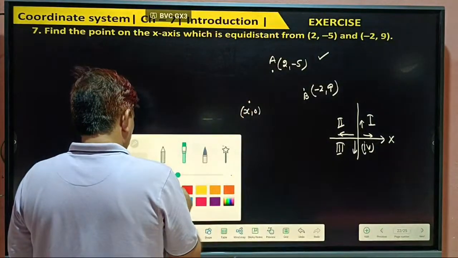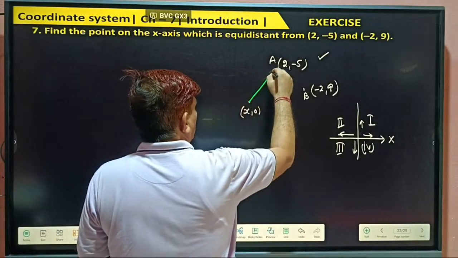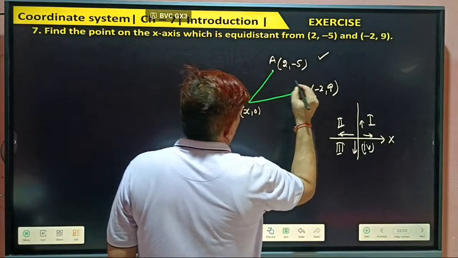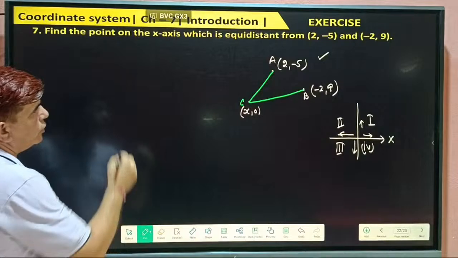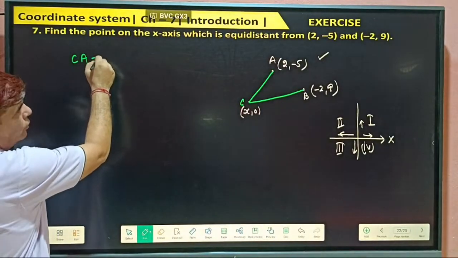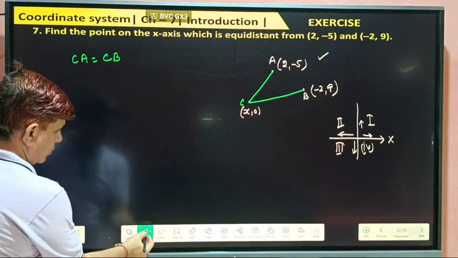And joining this line, this point's name is C, and this point. What's given? This is given to us: CA equals CB.